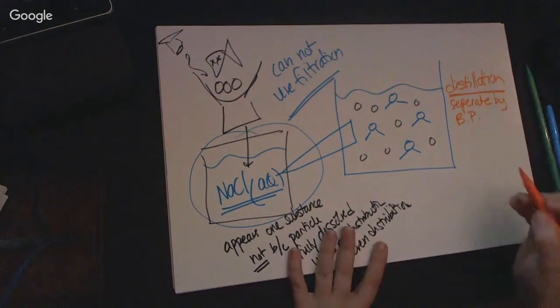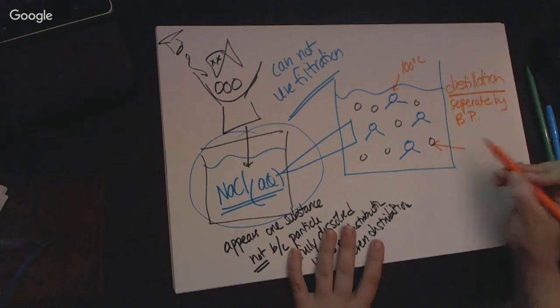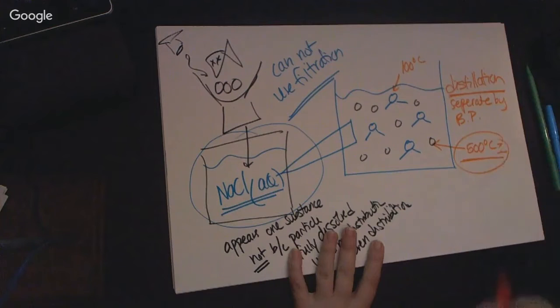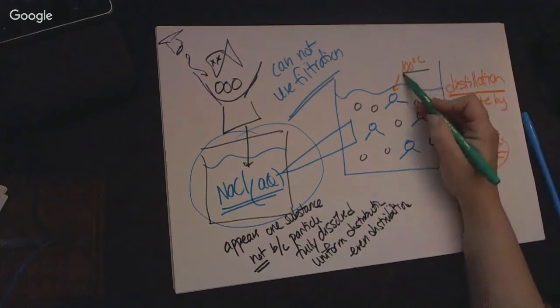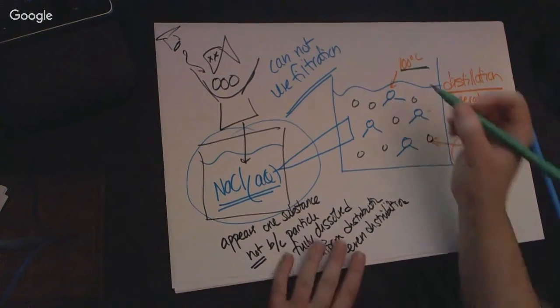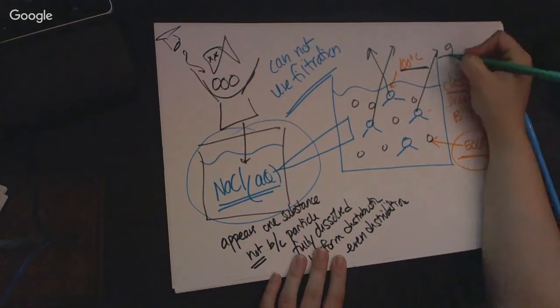Separate by boiling point. Now, water will boil at 100 degrees Celsius. NaCl is going to boil at something like 500 degrees Celsius, which, do not quote me on this because I'm not entirely sure exactly, but it's going to be a higher boiling point. When you start to boil this salt water, you are going to reach 100 degrees Celsius first. So these little water molecules are like, we're dissolved. And all of a sudden you hit 100 degrees and the water molecules are like, peace out, and they leave in the form of a gas.